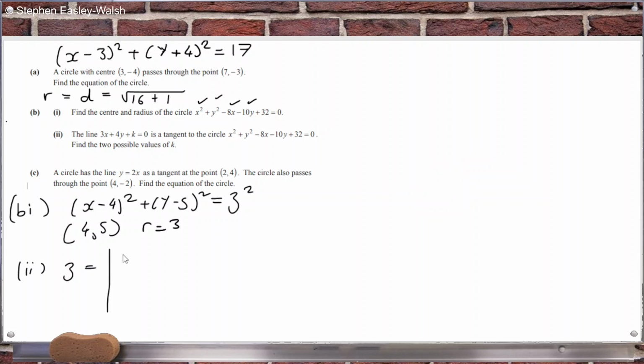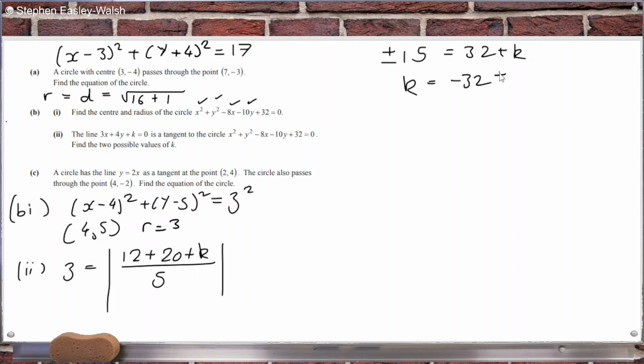Okay, so that would be 3 times 4, which is 12, plus 5 times 4, which is 20, plus k over square root 3 squared plus 4 squared is 5. So that means 15 plus or minus 15 has to equal 32 plus k. So k will equal minus 32 plus or minus 15.